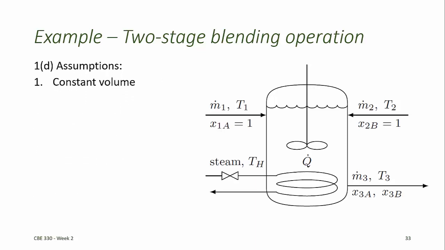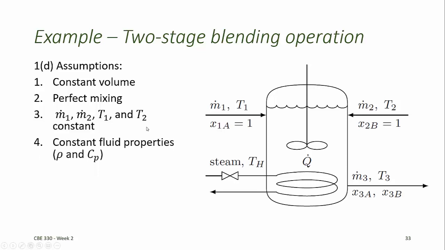Here we'll assume that the tank is constant volume and that it's perfectly mixed. That is, we don't have to describe temperature or composition gradients within the tank. We'll also assume that the mass flow rates m_1 and m_2 and the temperatures of the streams entering are constant.